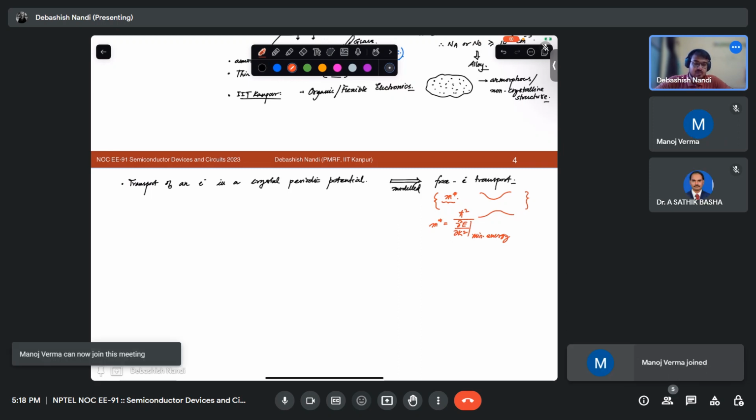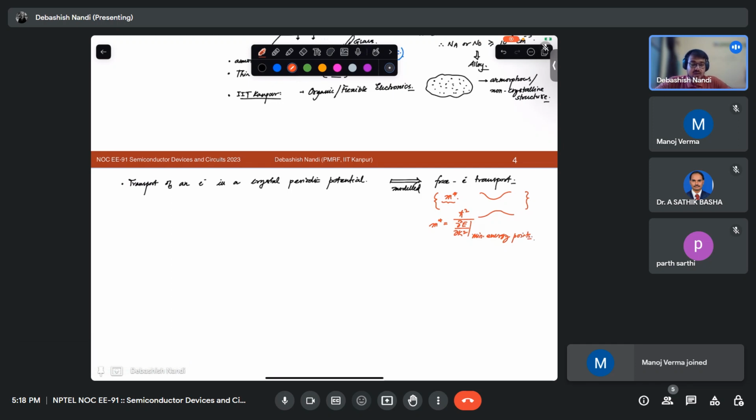But in case of organic or amorphous semiconductors, you cannot use the same kind of transport model.